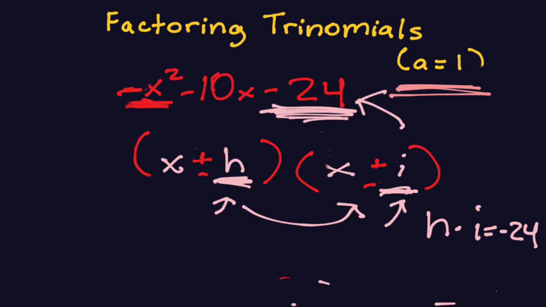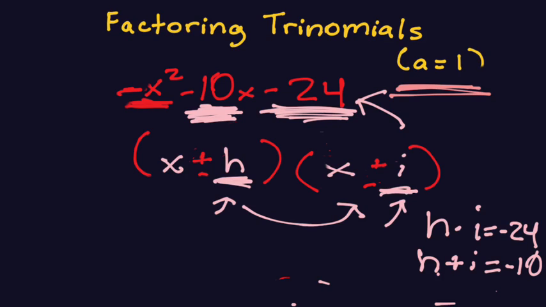The second thing you need to know is that h plus I must add together to equal this number right here. Okay, so if you're taking notes, write that down. If not, remember it. Okay, h plus I must add together to equal this. So they need to add together to equal that negative 10.